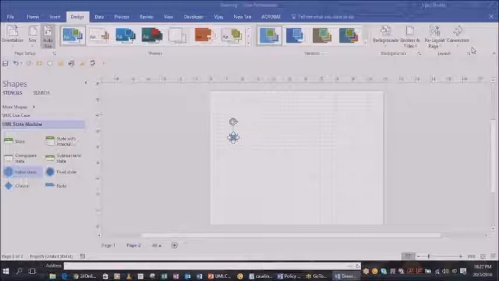There are some permanent states. So after a permanent state, only the final state can be reached. So we identify the initial states, we identify the transition between states, and then we identify the permanent state.